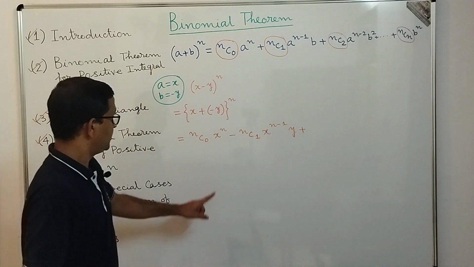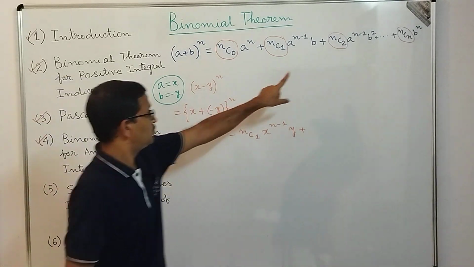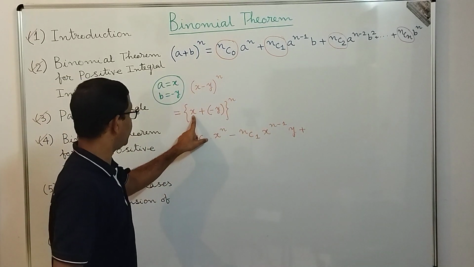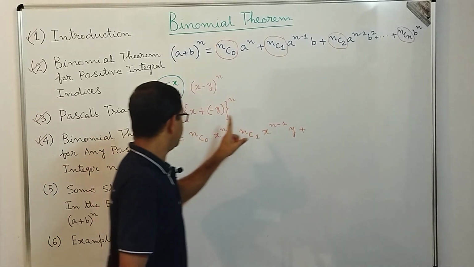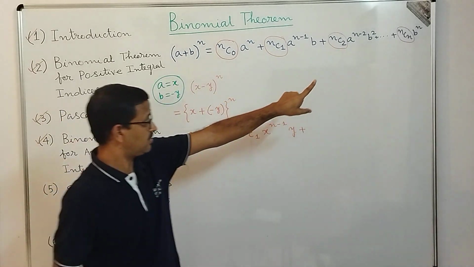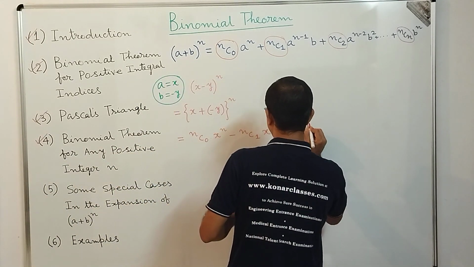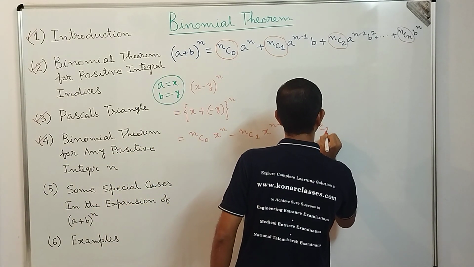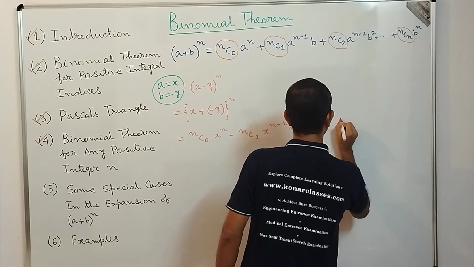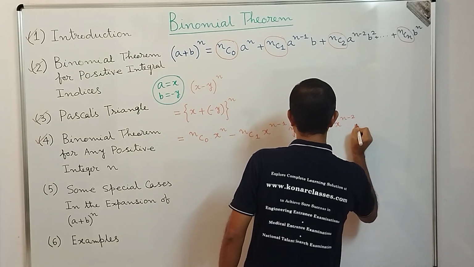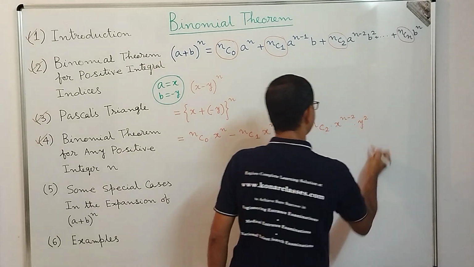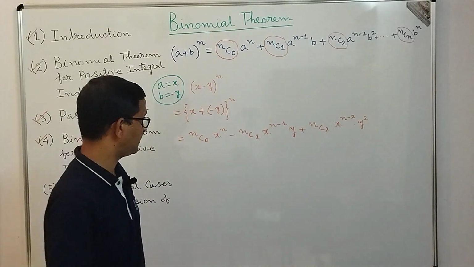Plus the next term is nC2 into x power n minus 2 into minus y power 2, because b square is minus y power 2. So we can write plus nC2 into x power n minus 2 into y square.